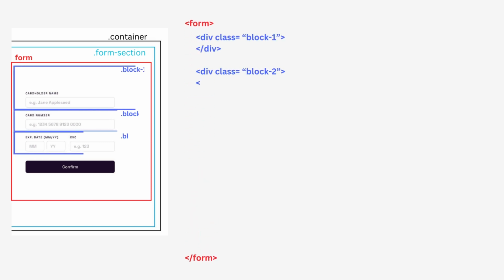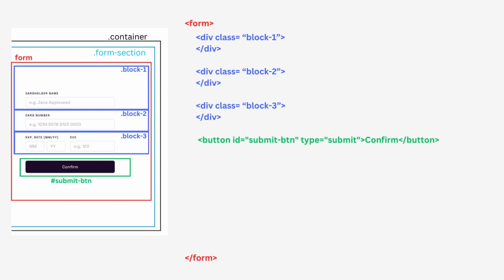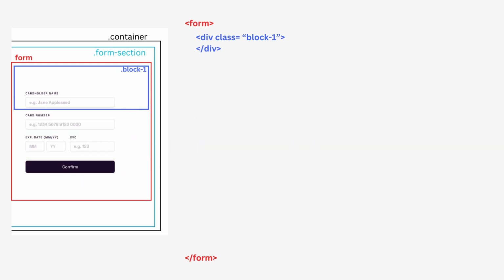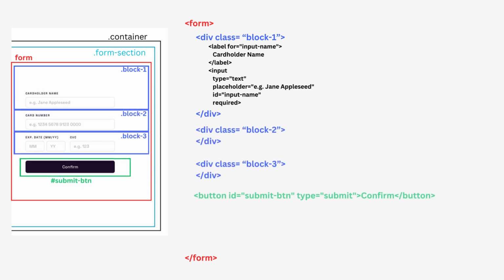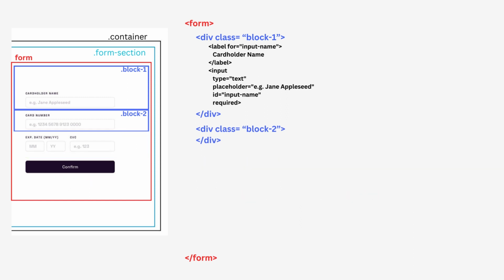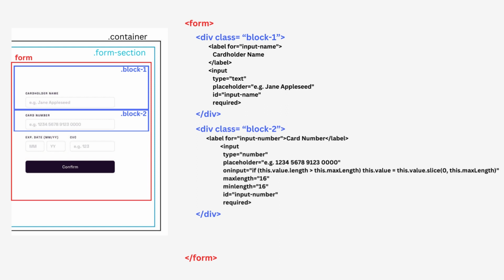The form element will have 3 blocks and a button element with ID submit button. Here's the code for block 1. And the code for block 2.